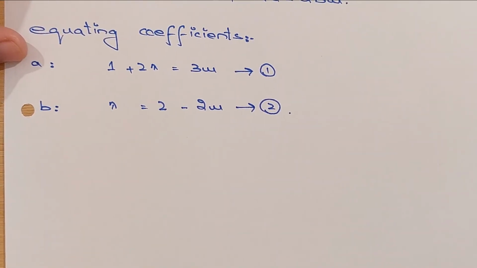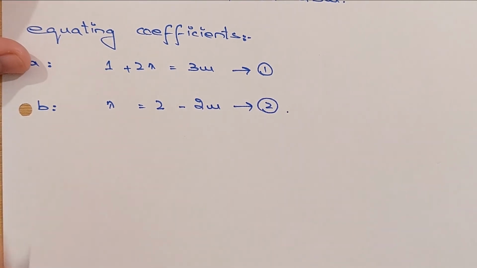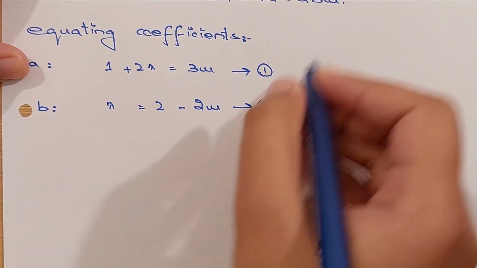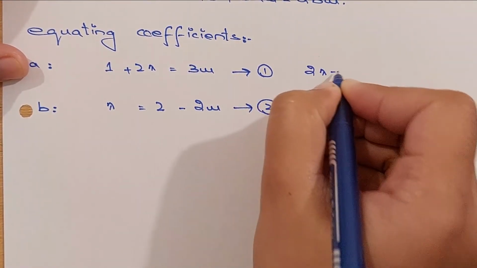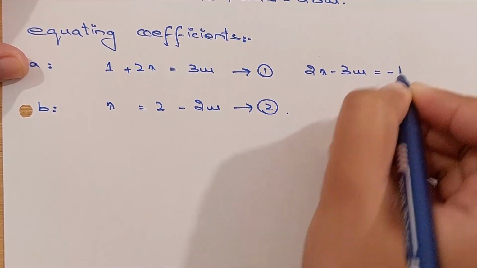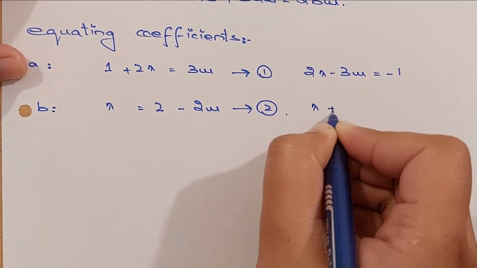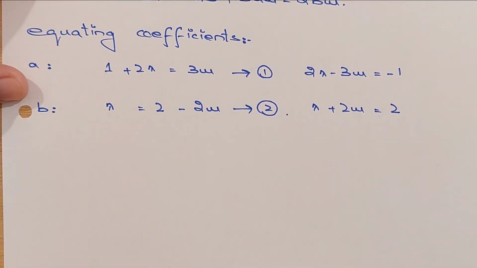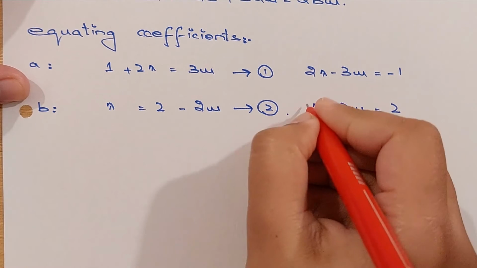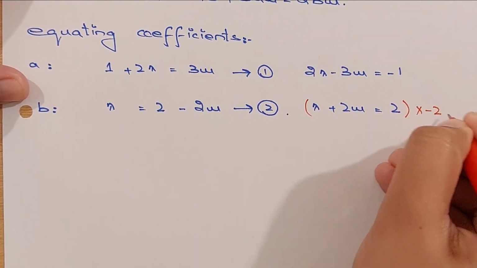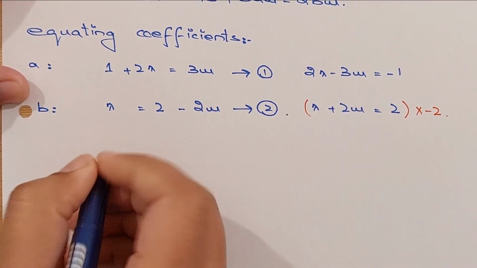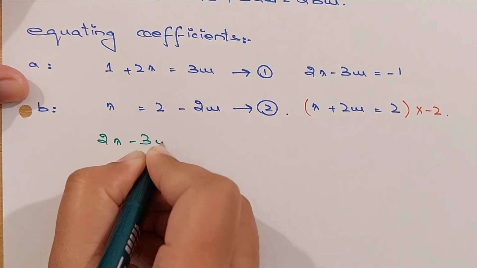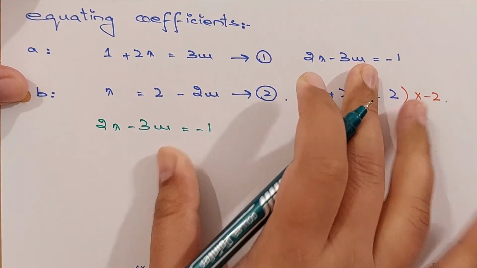Now let me simplify the two equations to get the value of lambda and mu, right? Arranging the equations, from the first equation we have 2 lambda minus 3 mu equals minus 1, and here we have lambda plus 2 mu equals 2. If I multiply my second equation by -2, and then add to the first equation, we have 2 lambda minus 3 mu equals -1, the first stays the same.